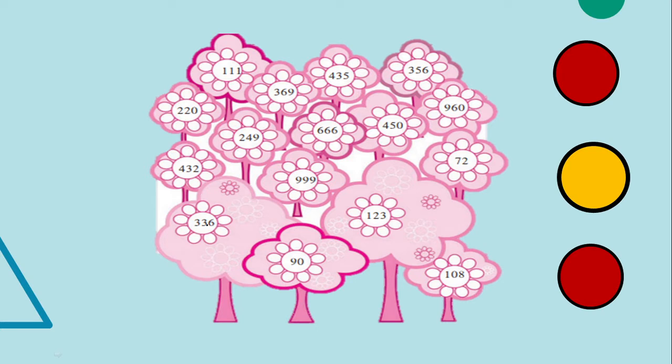That means that particular tree has flowers with the same number. Now, the baskets have the numbers 3, 4 and 9. So what we have to do is, from these given flowers, shortlist the numbers which are divisible by 3, 4 and 9, and then pluck the flowers and insert them into the respective baskets. Now let's start doing this.